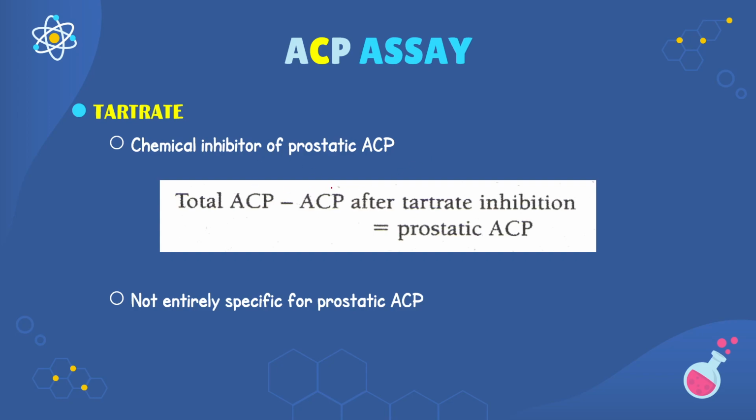And in order to get the concentration or the measurement of your prostatic ACP, what we will do is subtract the value of ACP after tartrate inhibition from your total ACP. But for this one, kids, it is not entirely specific for your prostatic ACP.